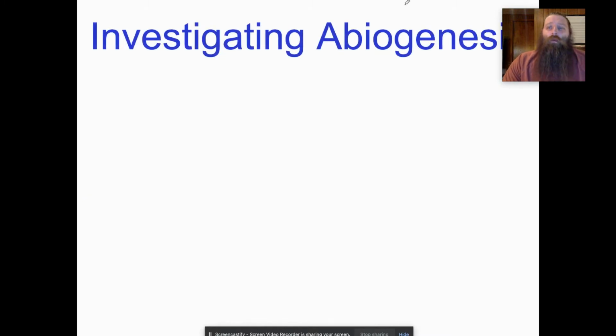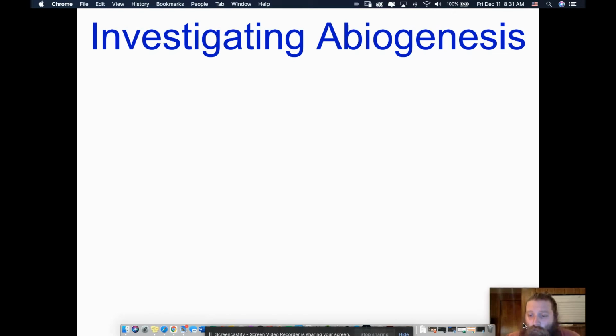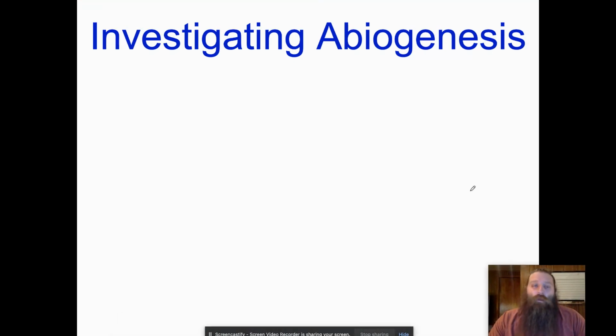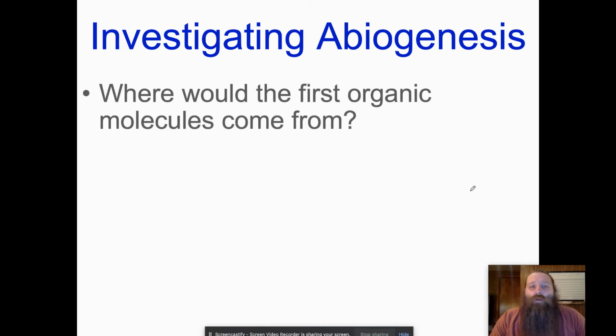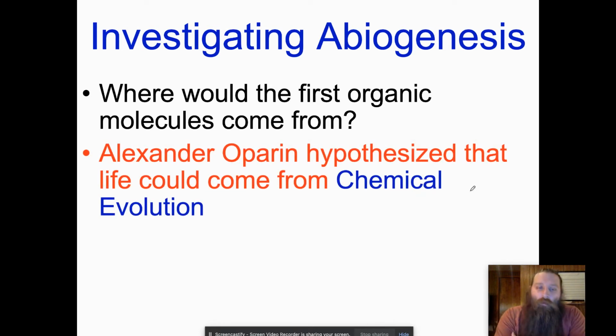Now, the fact that the planet starts in a lifeless manner and then has life on it is called abiogenesis. So how life arises from non-life. The question is, where do those first organic molecules come from that life needs? The first person who threw an idea out about this was Alexander Oparin.